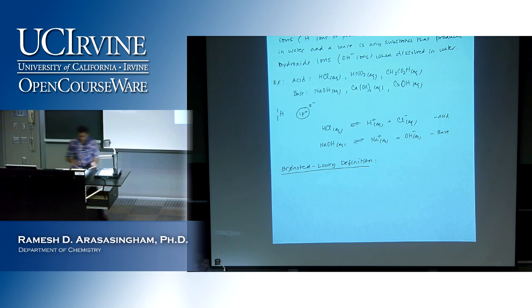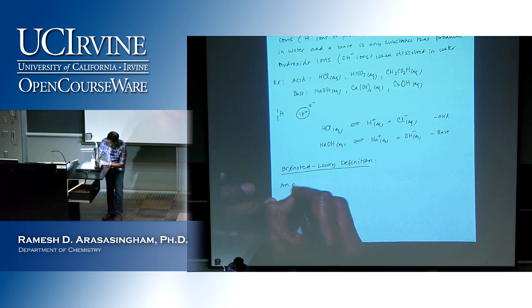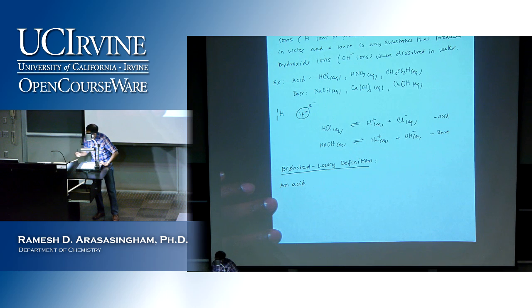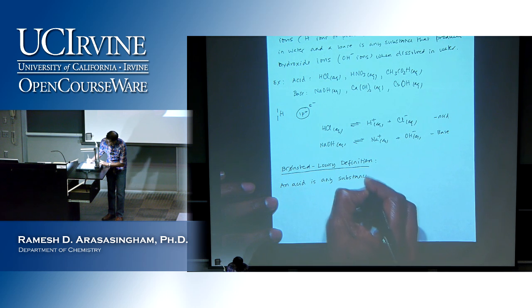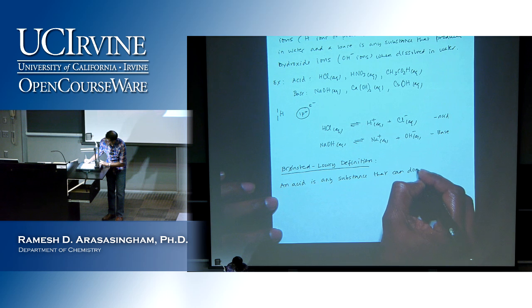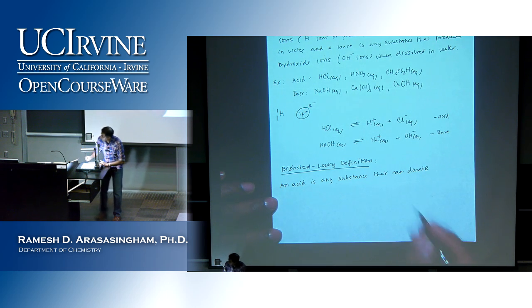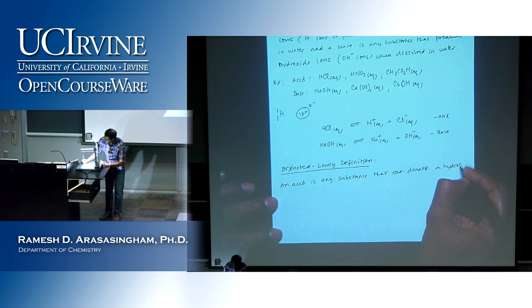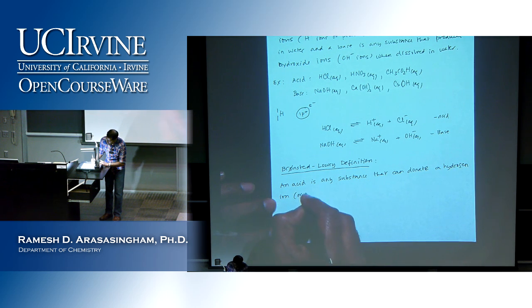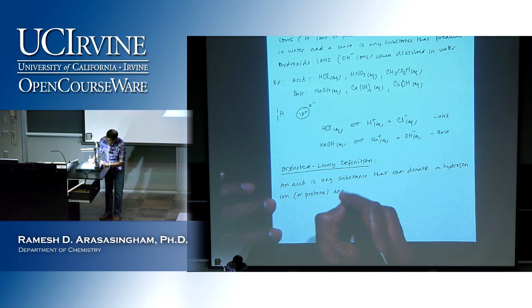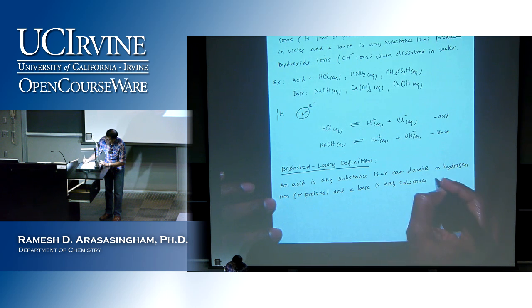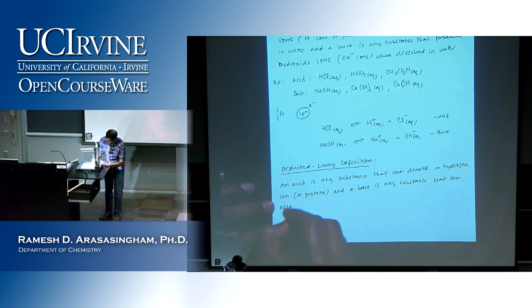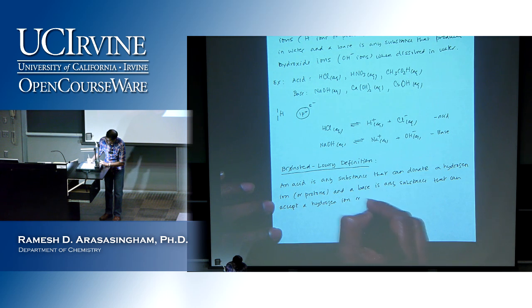And according to the Bronsted-Lowry definition, an acid is any substance that can donate a hydrogen ion or protons, and a base is any substance that can accept a hydrogen ion or proton.